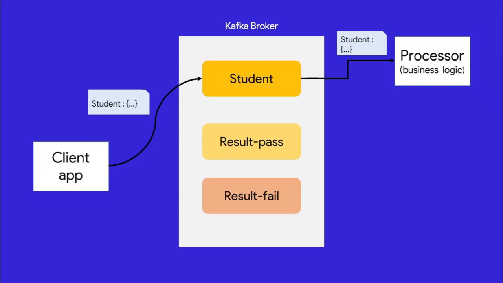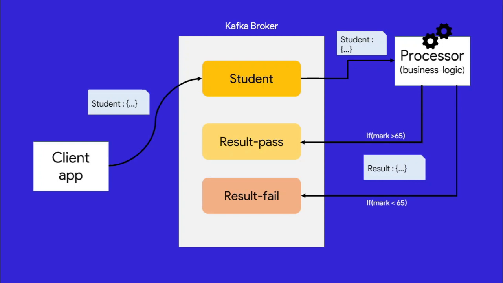After consuming the data, our application will process it and generate the result based upon our business logic and criteria. A fail result automatically goes to the fail topic and a pass result automatically goes to the result pass topic separately.